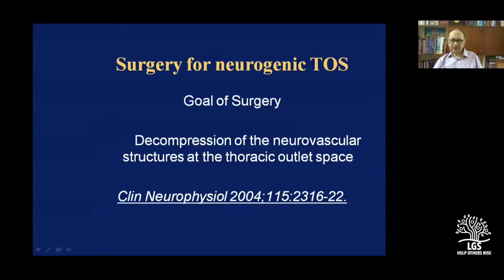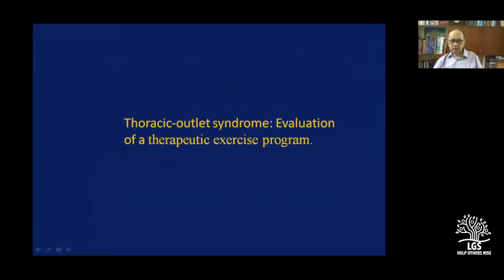Surgery for neurogenic TOS: the goal of surgery is decompression of neurovascular structures at the thoracic outlet. Evaluation of a therapeutic exercise program helps, like what you do for atherosclerotic cardiac patients: running, morning walk, jogging and all that.